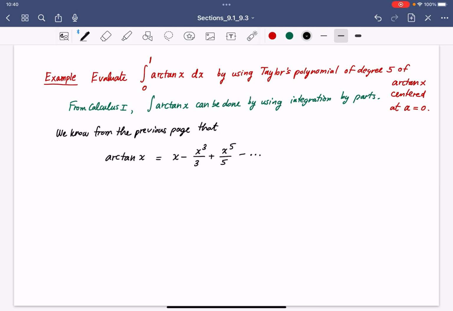So this is actually the series of arctan x. By using the Taylor series, you do the series of arctan x and then you get this one.